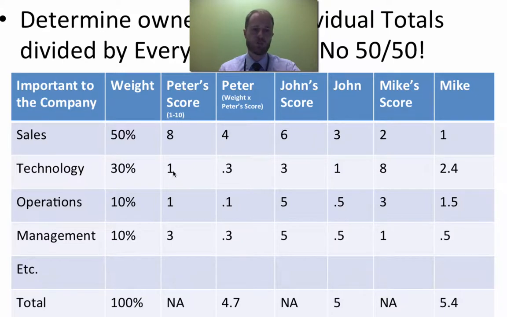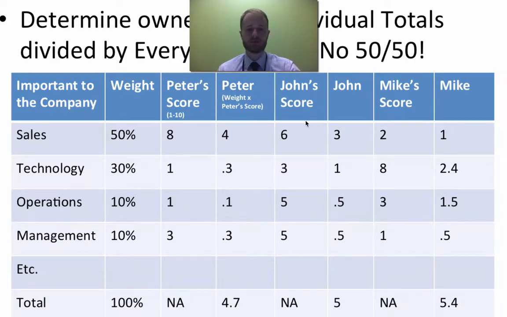Then for technology, 1 times 30%, 0.3. Then operations, 1 times 10% is 0.1. Then 3 times 10% is 0.3. So that's Peter's weights for each of these key aspects. We're then going to add these up together, and we get 4.7. And that's Peter's weight based on the weights we've determined for the key aspects.